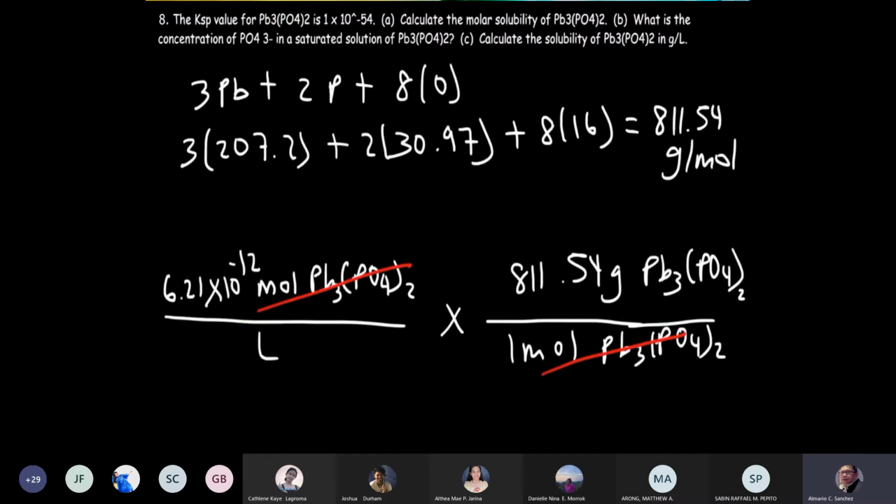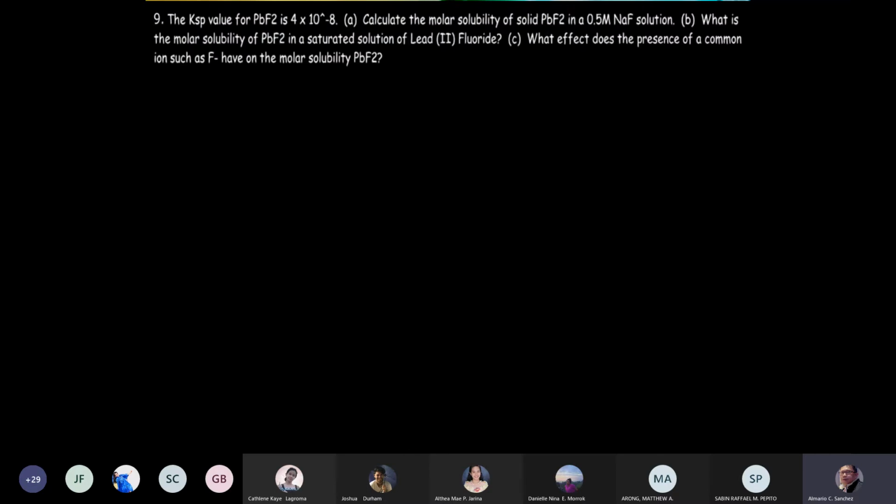So it's going to be 6.21 times 10 to the negative 12 multiplied by 811.54, and so the solubility is now 5.04 times 10 to the negative 9 grams per liter. So that's the answer.